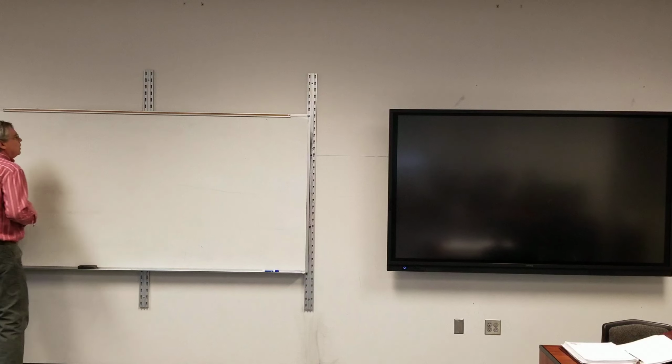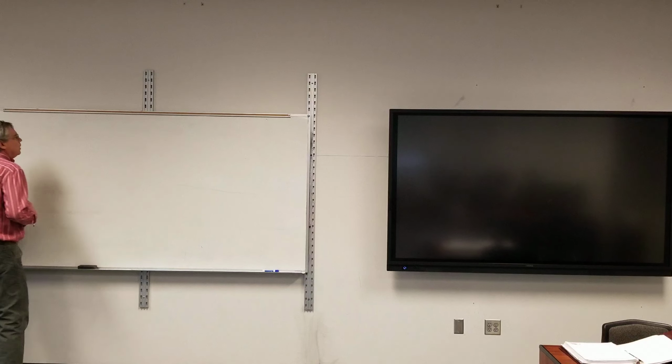So if I have a positive charge here, it creates an electric field that goes away. If I can consider this a point charge, then the electric field is equal to the electrostatic constant.